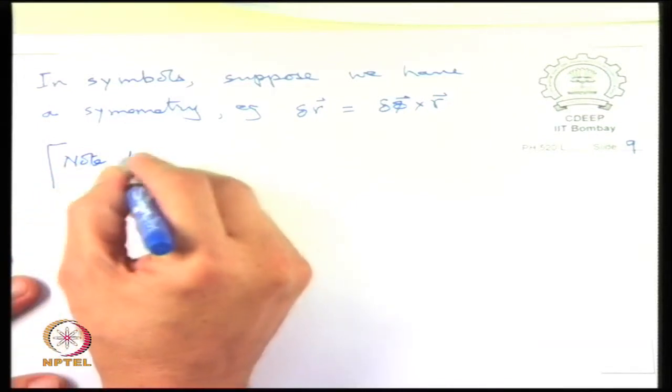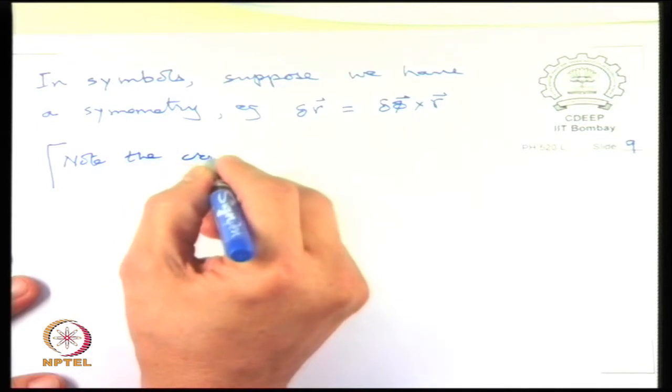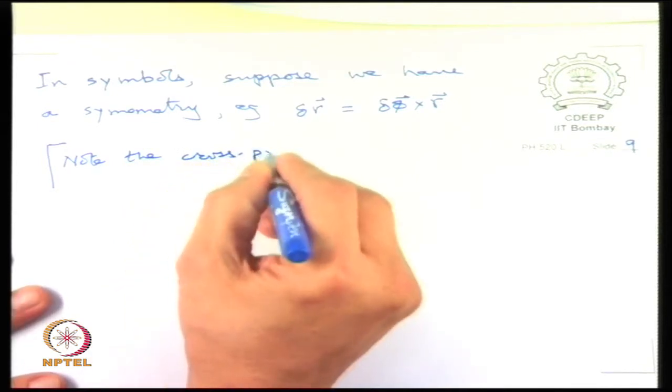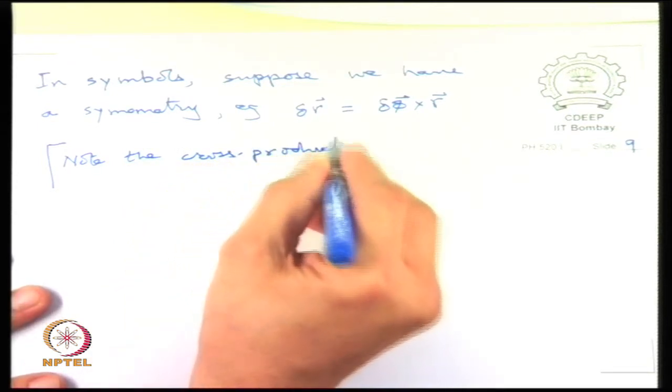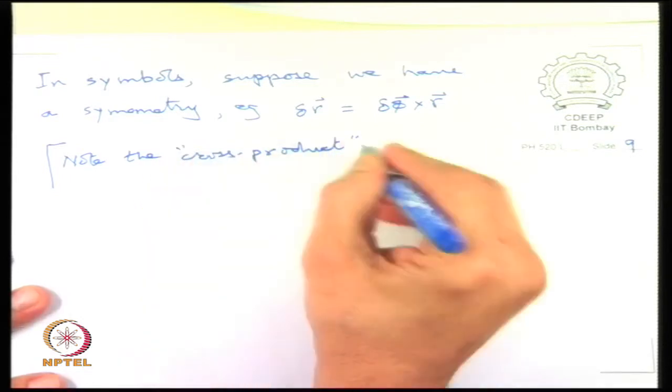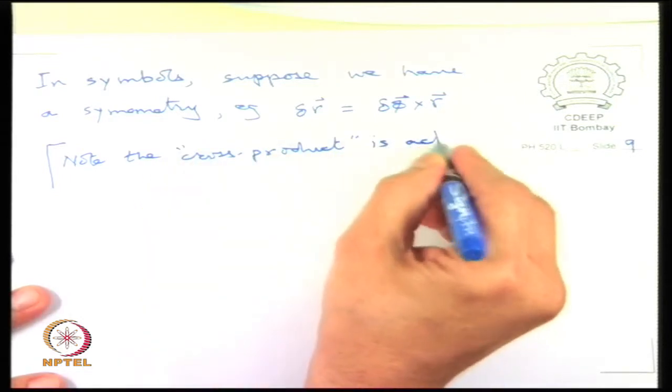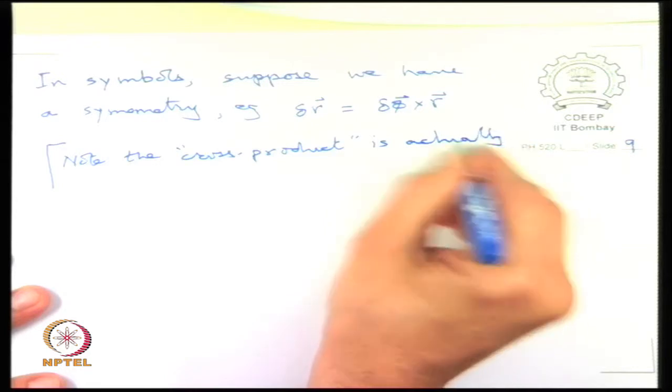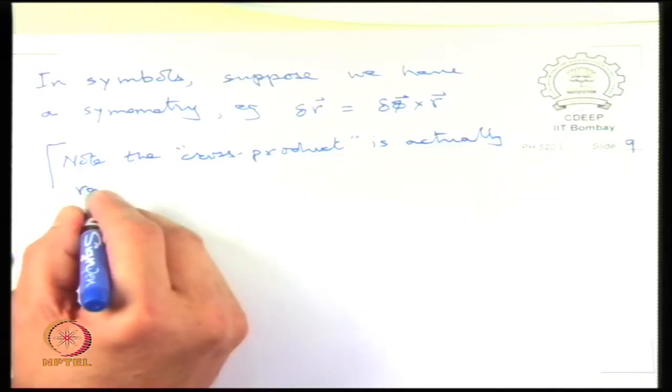the cross product is actually a rank 2 antisymmetric tensor.